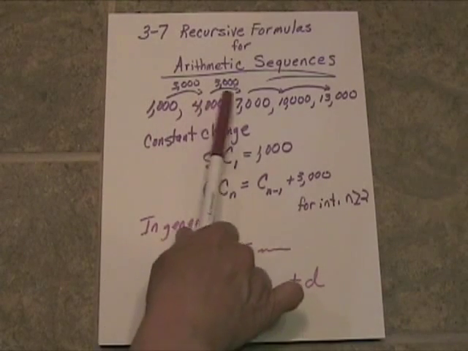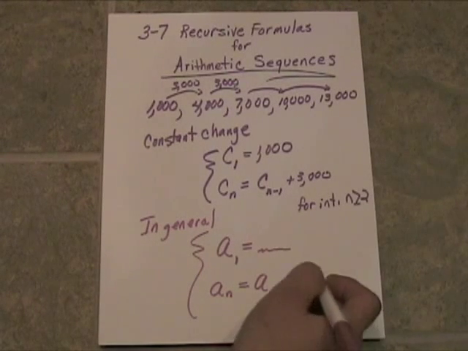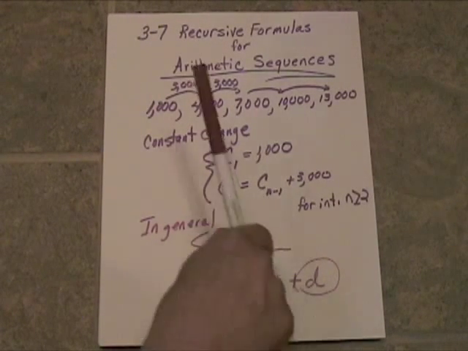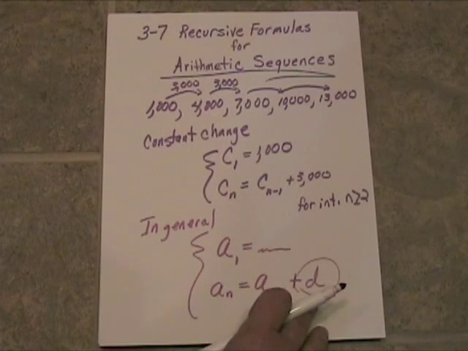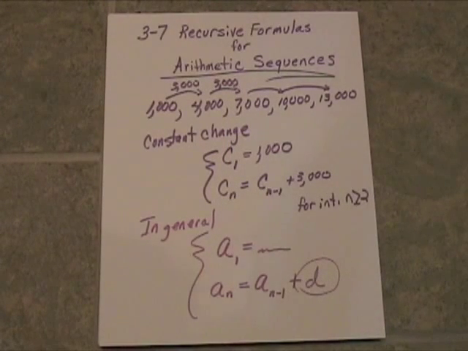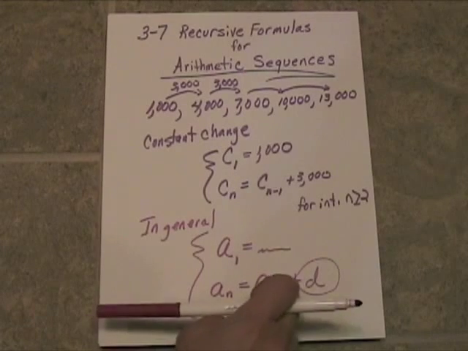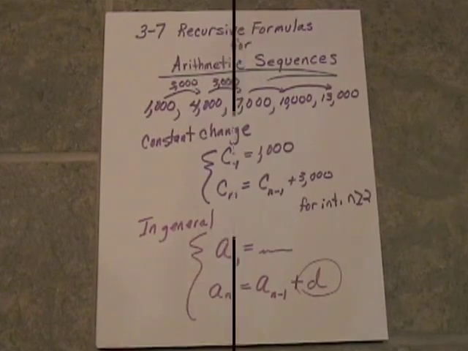You know, how far apart are these individual terms in your sequence. And the D right here is going to always stand for your amount of difference. And it can also be a negative. All right, so we might be adding 3,000, we might be subtracting 50 each time. It might be getting smaller, it might be getting larger, but in each case we are adding, be it a positive or a negative, some sort of difference there.